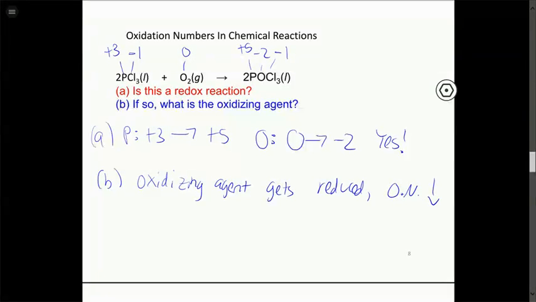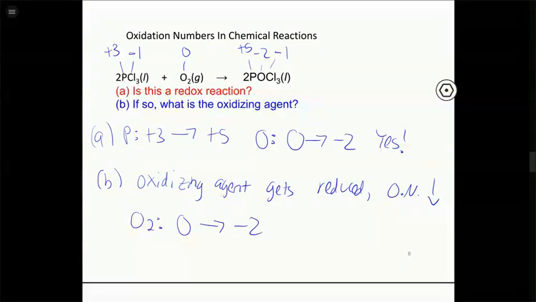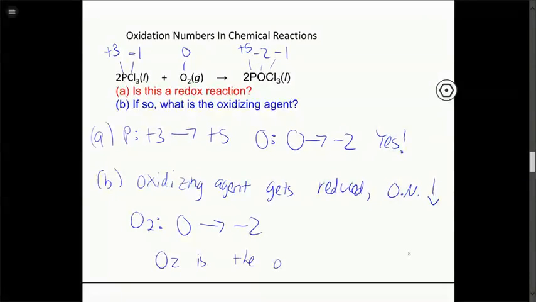All right, so if we look at oxygen, the oxidation number starts at 0 and goes to -2. So between the reactant side and the product side, the oxidation number of oxygen is decreasing. That makes O2 the oxidizing agent. Remember, it's the entire species that it belongs to.